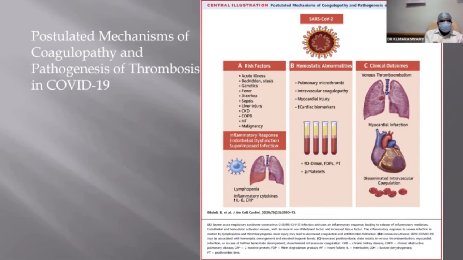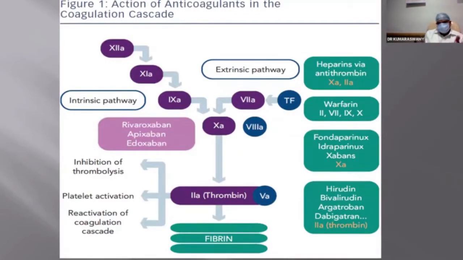Okay, next. I think everybody knows that antithrombotic treatment contains antiplatelets as well as anticoagulants. So there is a variety of antiplatelets and anticoagulants, how they act, and the pathway where they are used, the drugs used to block the coagulation pathway. This is the intrinsic and extrinsic pathway.